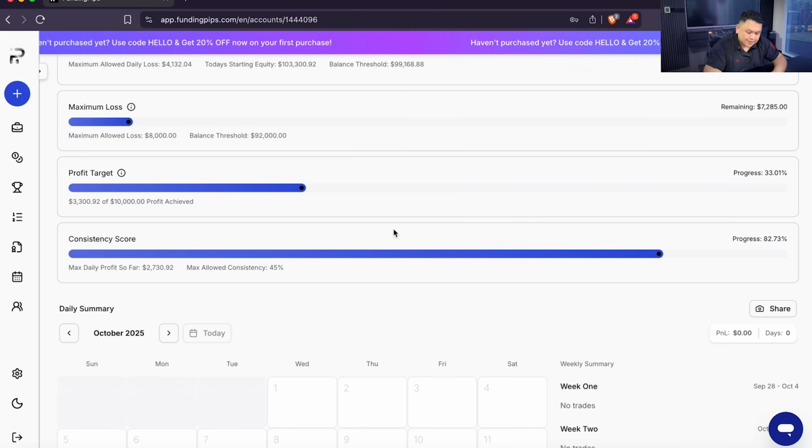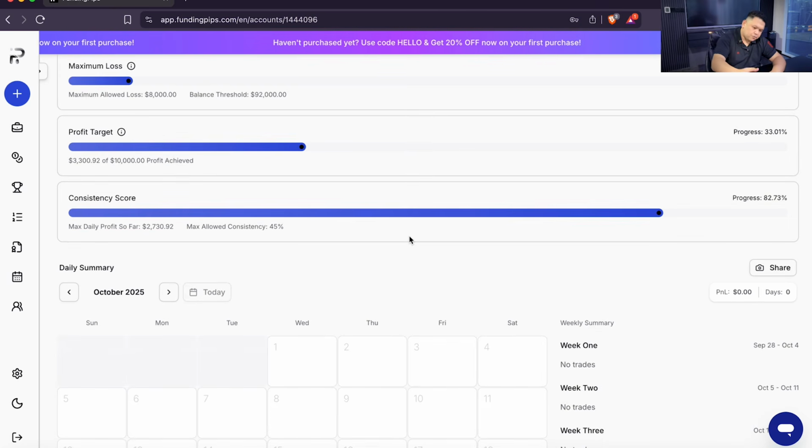Next to that, consistency score. And this one tells me if I've been consistent with the wins and losses that I've made on this account so far. Now, for this particular model, it was one of our previous models. It's a FundingPips X. And the consistency score allowed here is 45%.